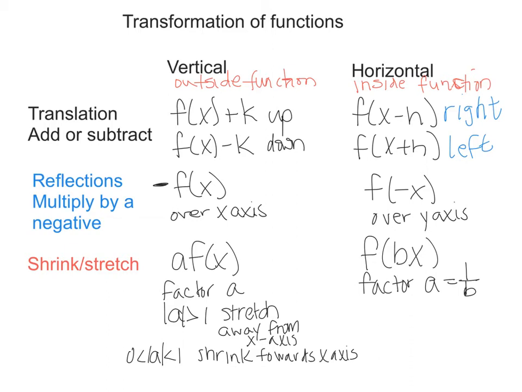So for my factor, if the absolute value of a is greater than 1, now we're talking horizontally, so we're talking about it going away from or towards the y-axis. So we stretch away from the y-axis.